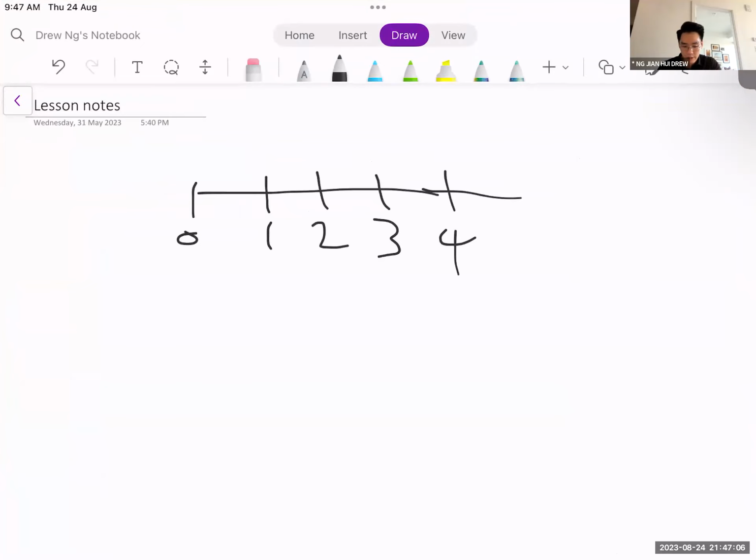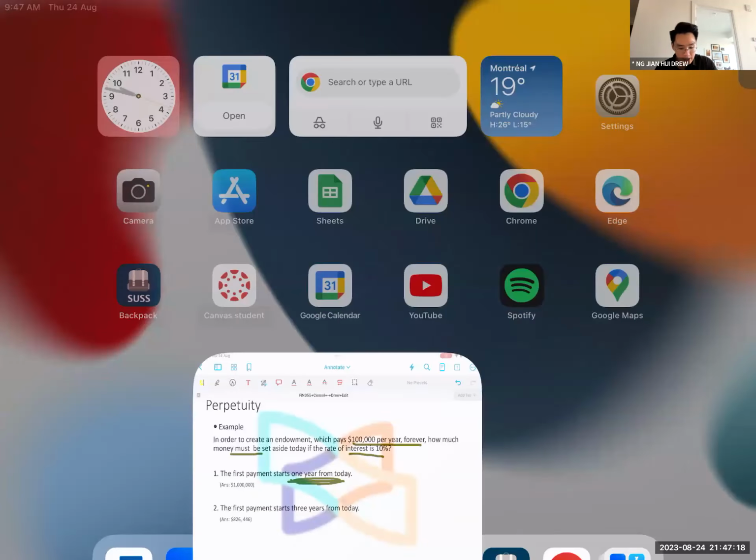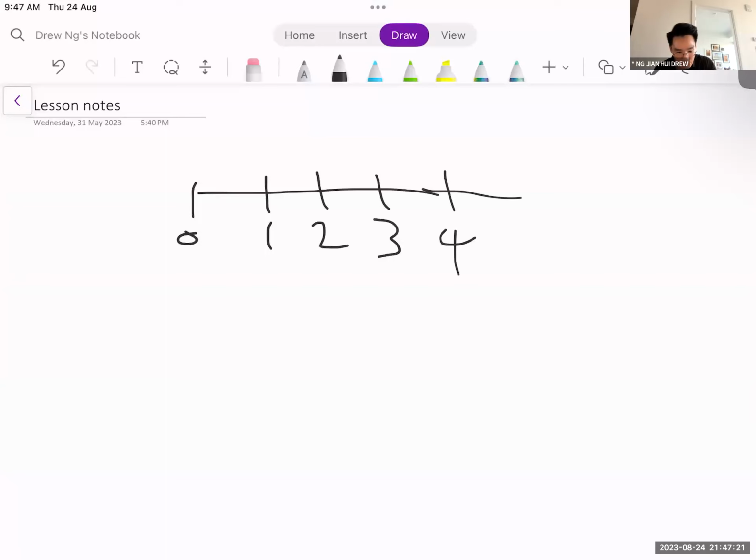So it's 100K per year forever, and the first payment starts 1 year from today. So you get 100K here. I'll just write 100 in thousands. Correct? Everyone understand this, right? You're getting 100, 100, 100 forever and non-stop. So the question is, how much do you pay for this investment?